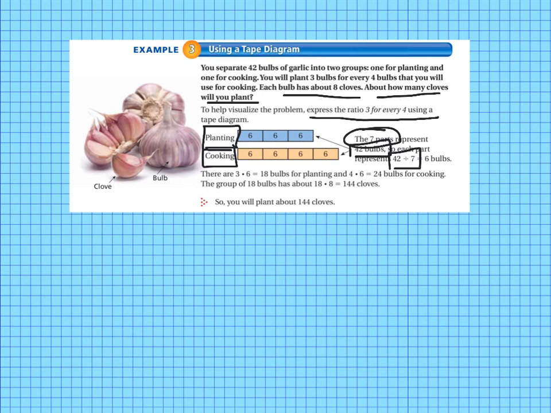So it says there are 3 times 6, which is equal to 18 bulbs for planting, and 4 times 6, which is 24 bulbs for cooking. The group of 18 bulbs, so this is the planting group, times 8, which equals 144 cloves. So you will plant about 144 cloves of garlic.